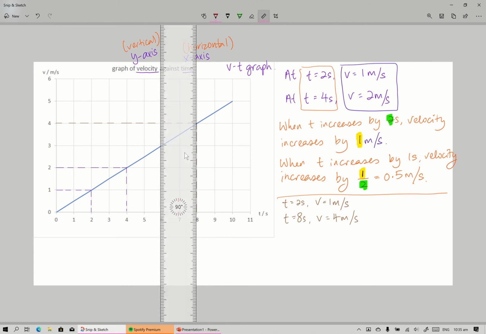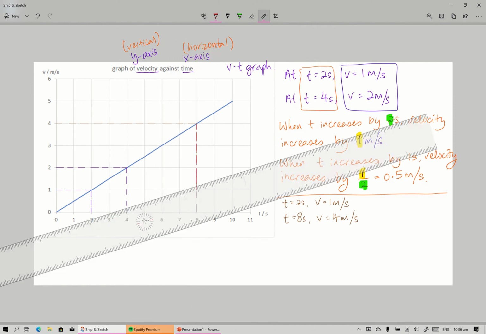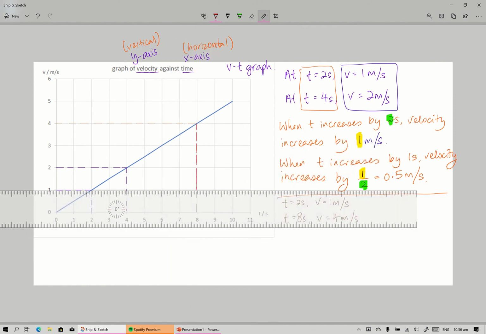So at your level, when you talk about gradient, it is rise over run. Okay, rise over run.